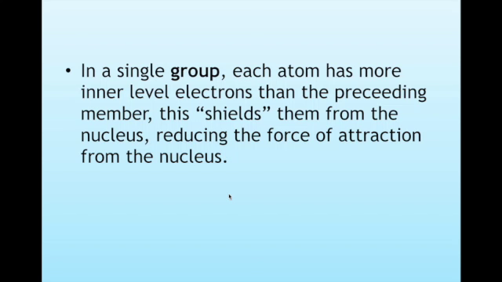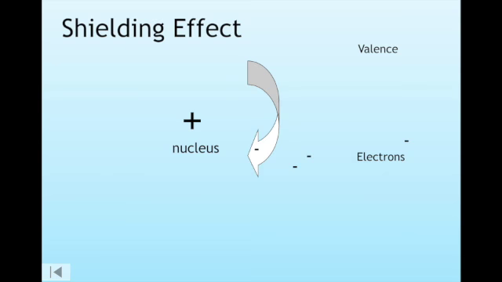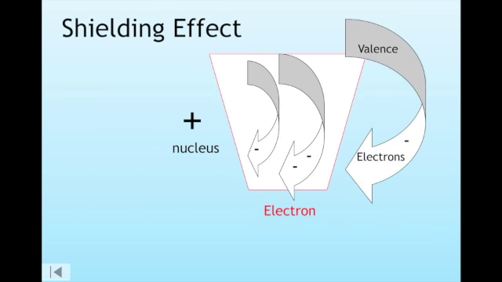If you remember drawing the Bohr models, you had to add another, bigger circle going around. Yes, the shielding is going on, but that adding of the level is also making the atom bigger. So this makes the atomic radius increase from the top to the bottom of the group. This is basically the shielding effect. The outside valence electron shell that we added, that's your new circle going around, is being shielded from the protons in the nucleus by the previous levels. That's what I tried to explain in the previous slide.